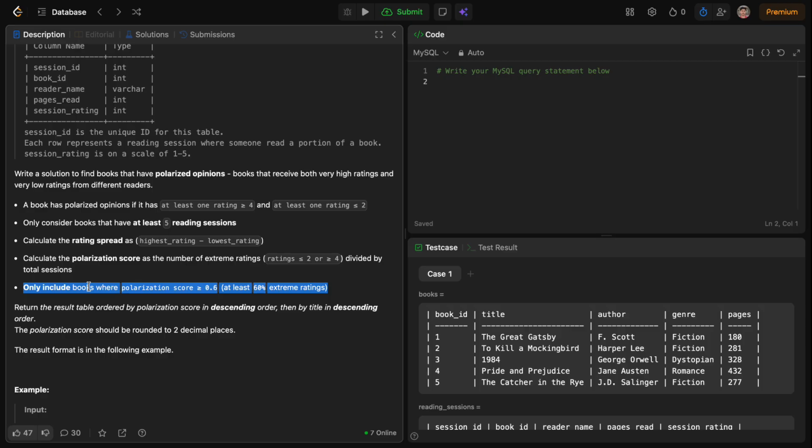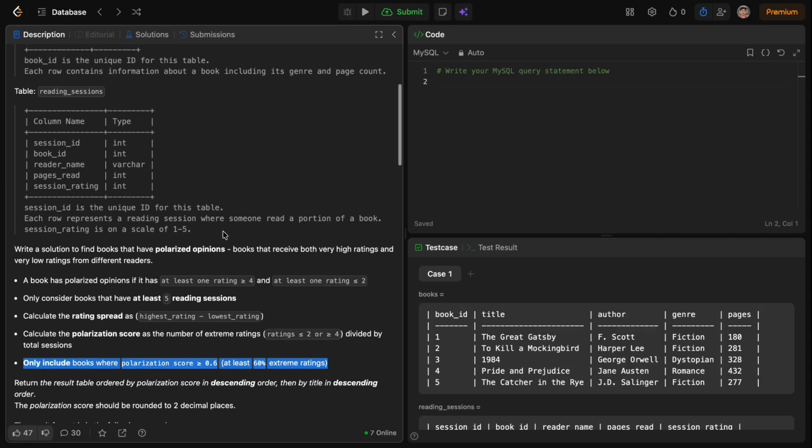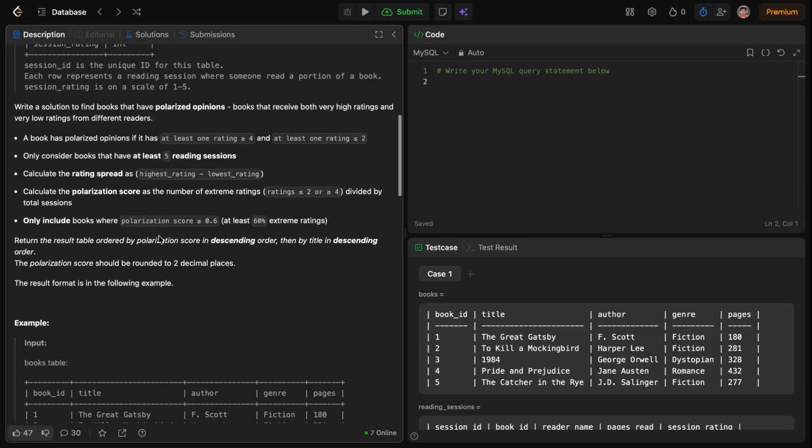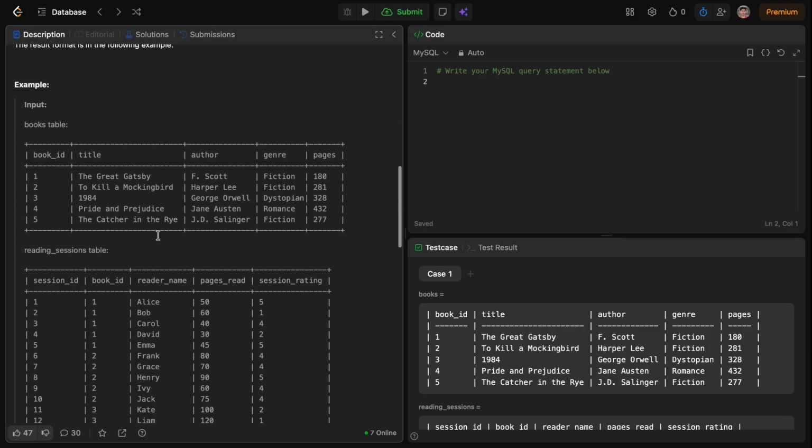So the basic things we first have to find are the maximum rating, minimum rating and the total sessions. These are the very basic things required to solve this question. First, look at the test case.